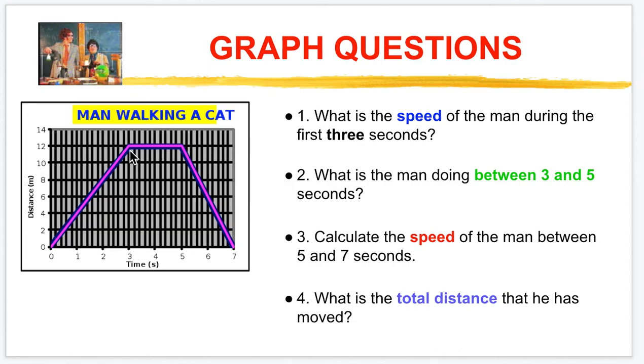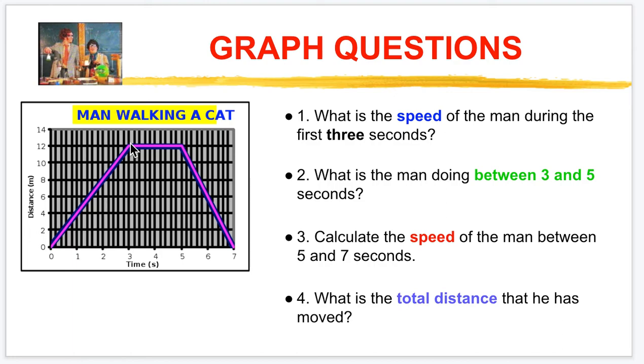I know the way to find speed is distance divided by time. So 12 meters divided by 3 seconds, that's 4 meters per second. That would be our speed, 4 meters per second. It's a constant speed. Went 4 in the first second, 4 more in the second, 4 more in the third.